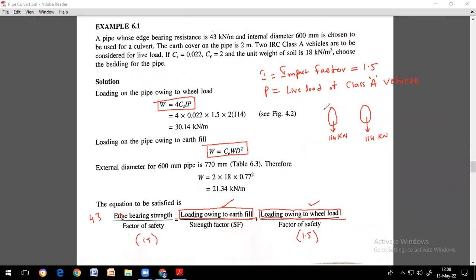So if you take a road, this is your pipe culvert. On a pipe culvert, how many tires can be placed? Vehicle usually will have 4 tires, right? How many tires can be placed on a pipe culvert? 1 or 2 or 3 or 4?